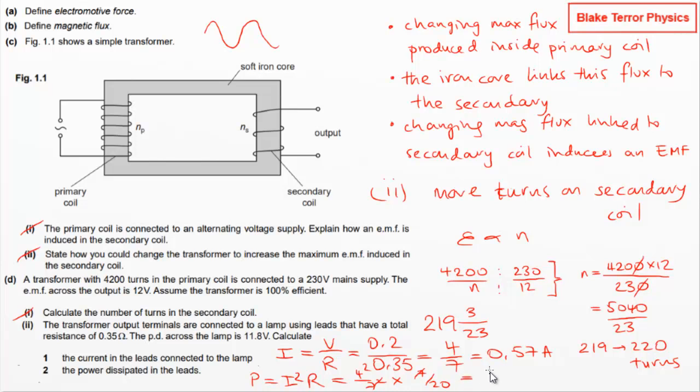That's going to be 16/140, which is 4/35 watts. I'm going to put that into the calculator: 0.114, so 0.11 watts, two significant figures. That's probably the end of that question, I would imagine.